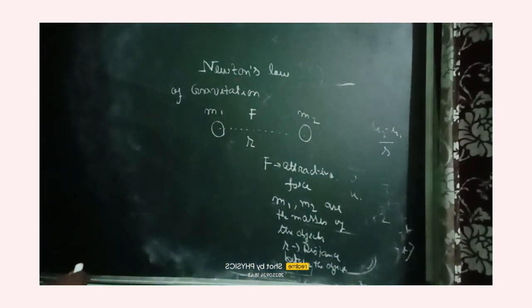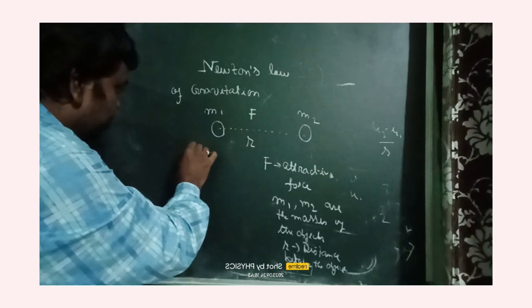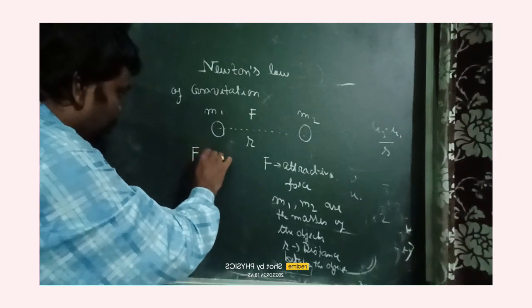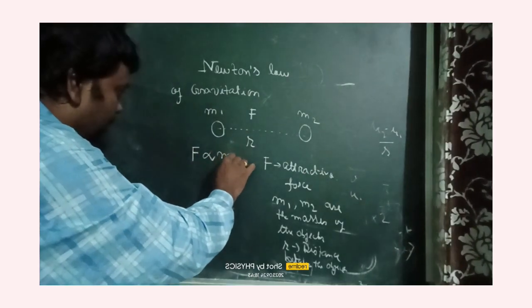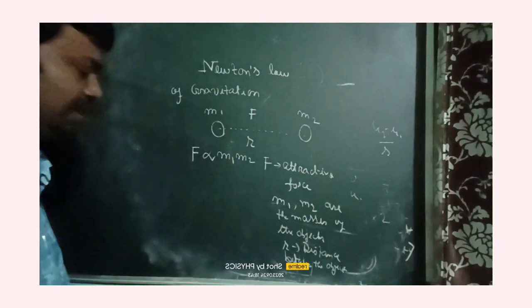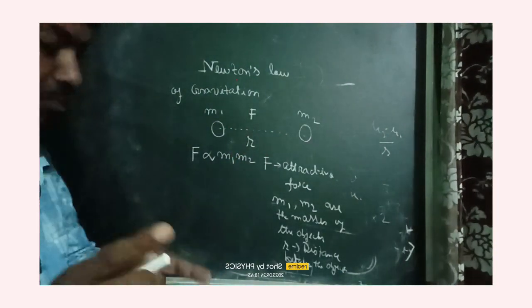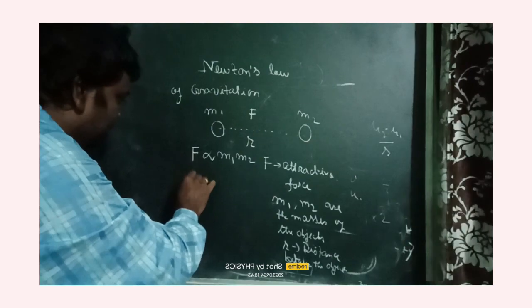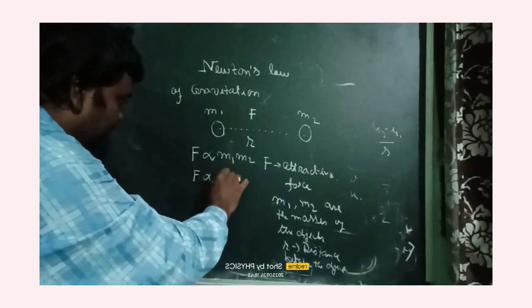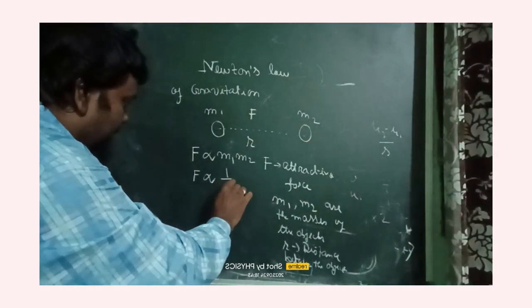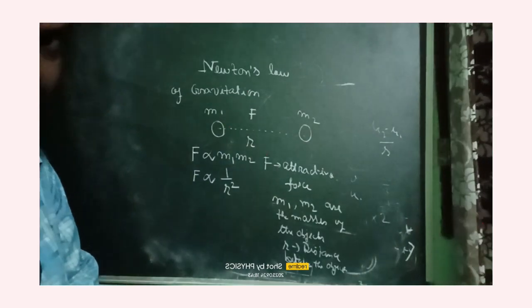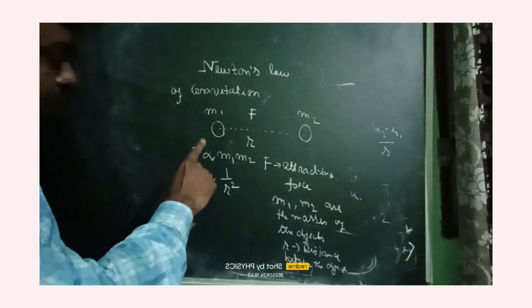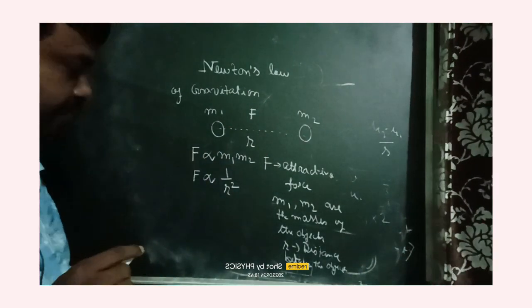Now, force is directly proportional to the product of their masses, that is m1 into m2, and inversely proportional to the square of the distance between them, that is F is proportional to 1 by r square.